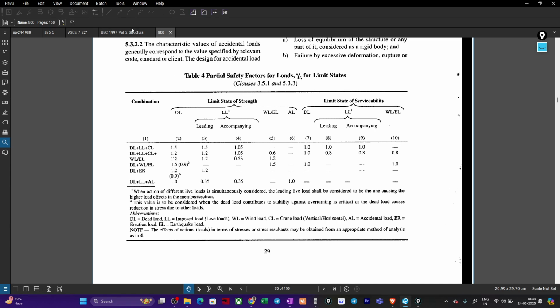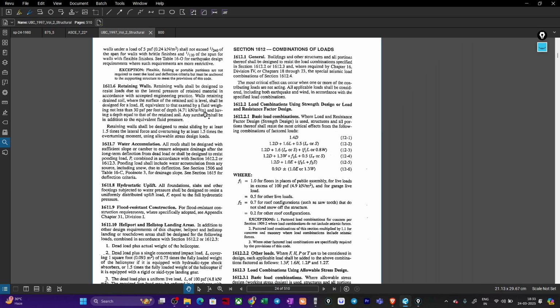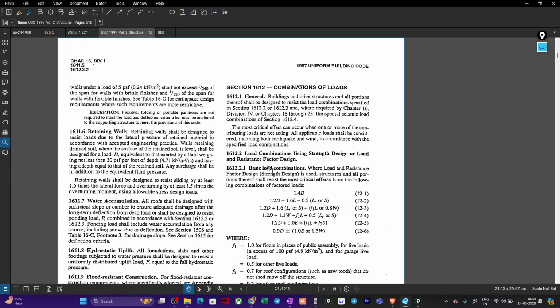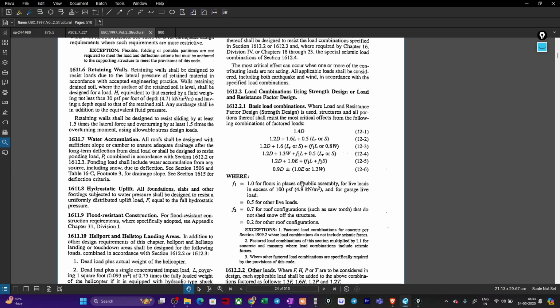Now what I will do, I will go to another very popular code, which is UBC 97. Obviously it is not in use anymore. Now we have IBC, but let us see what UBC says about the temperature loading. So obviously all the codes are prescribing some basic load combinations with the common load cases.